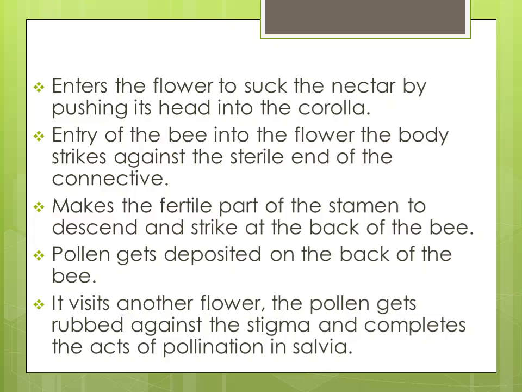So through the lever mechanism, the salvia flower's pollens are transmitted from one flower to another flower. If the same bee enters into another flower of salvia, it rubs against the stigma. So the pollen starts to stick on the stigma.